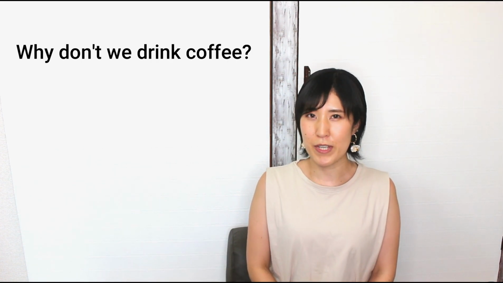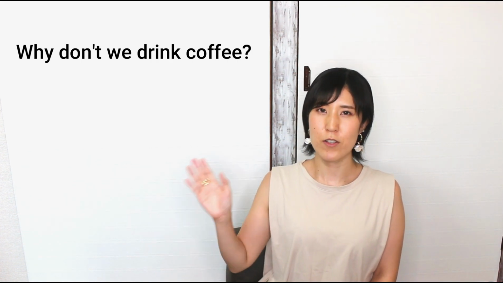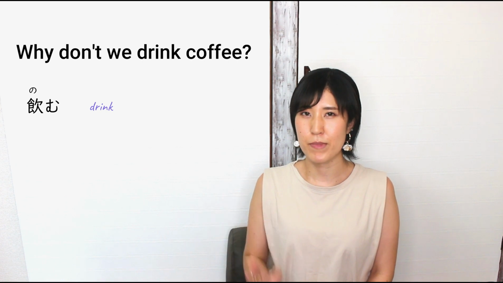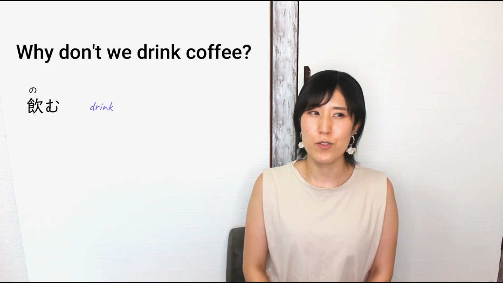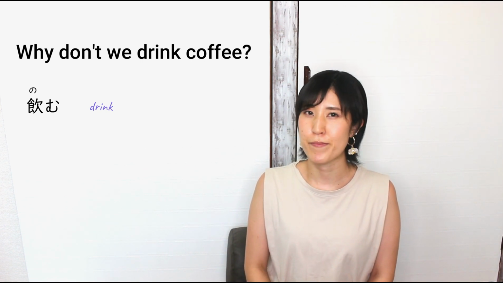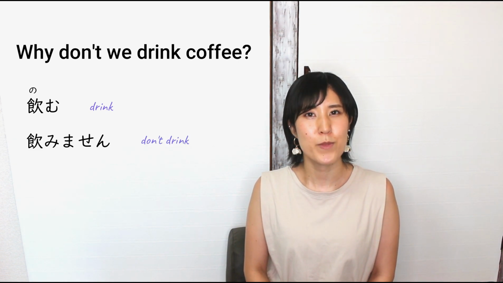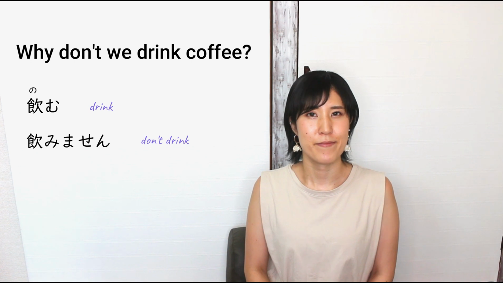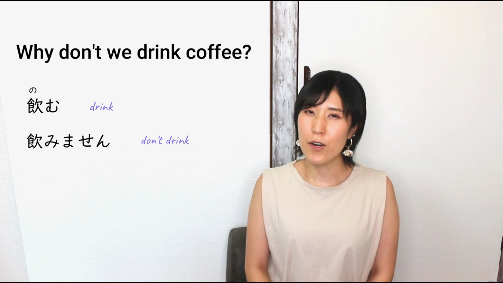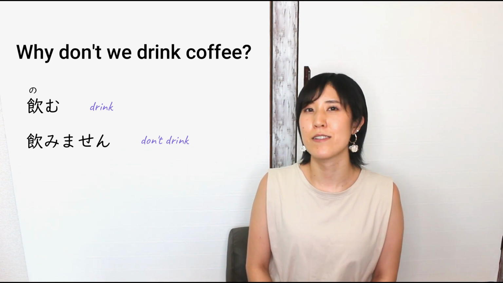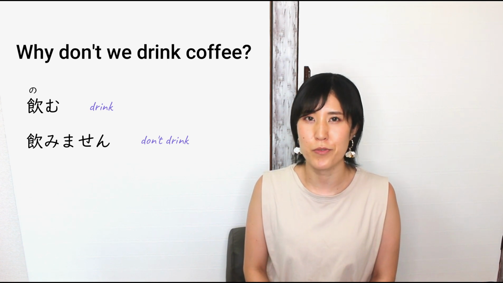So the verb is drink. Nomu. How do you change it to negative form? It's nomimasen. Okay? And now you put ka at the end, to make it a question.